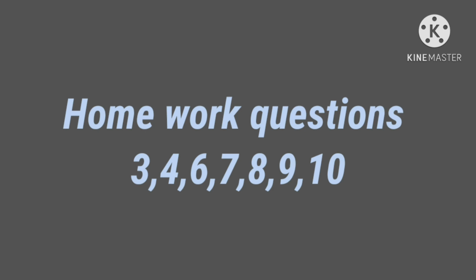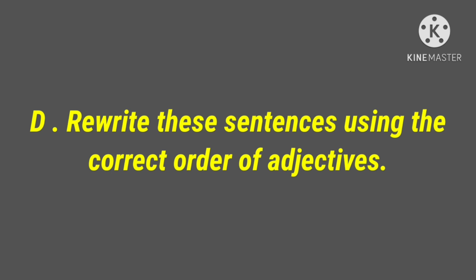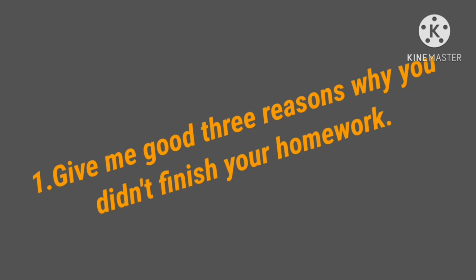D. Rewrite these sentences using the correct order of adjectives. First one, give me good 3 reasons why you didn't finish your homework. What are the adjectives here? Good and 3.